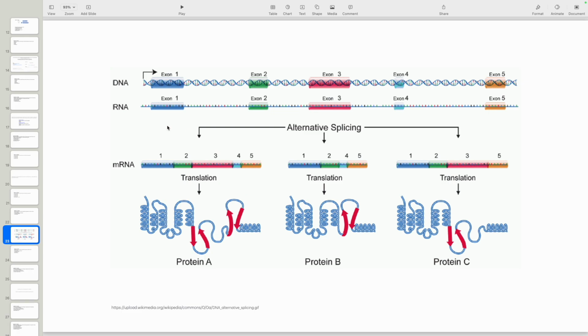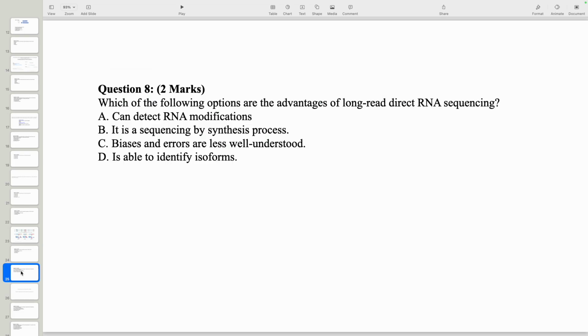From a single gene multiple isoforms can be formed, which we can detect from long read sequencing, because we are able to find the different signals. So the correct options would be A and D: it can detect RNA modification and is able to identify isoforms.